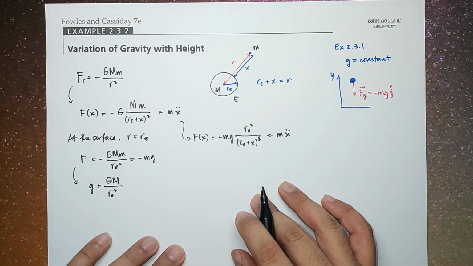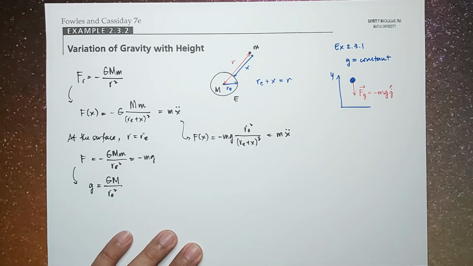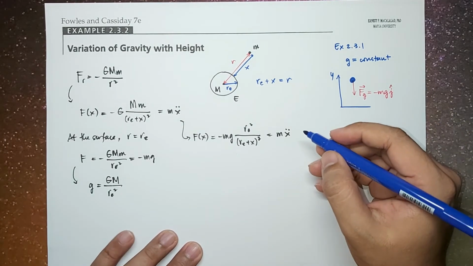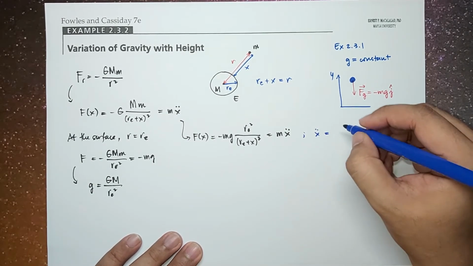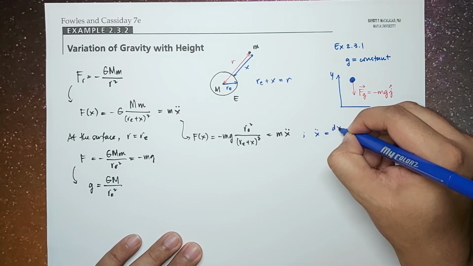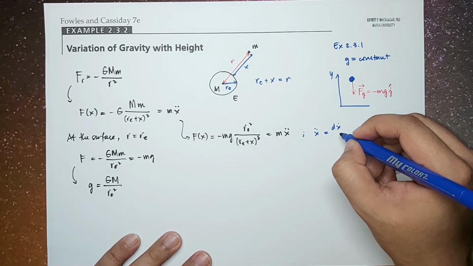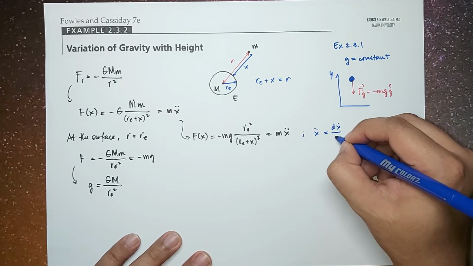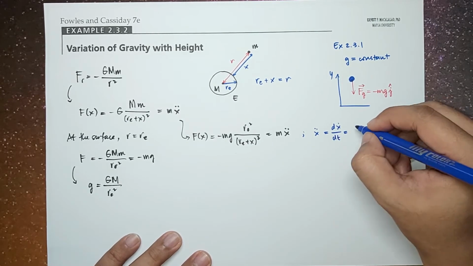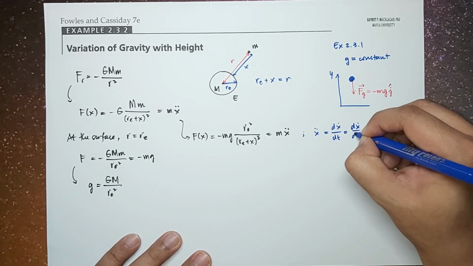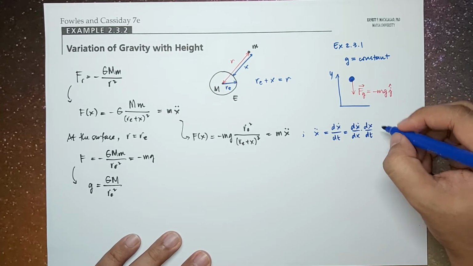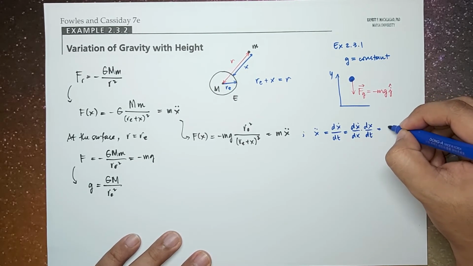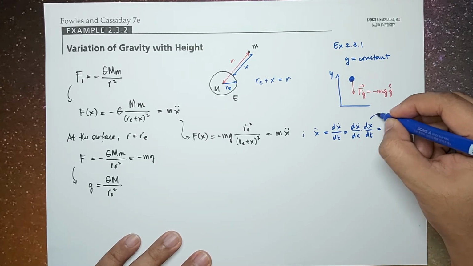Now we can solve this by using the relation where x double dot is equal, by chain rule, to the derivative of x dot with respect to time, or the derivative of x dot with respect to x times the derivative of x with respect to time, which is v.